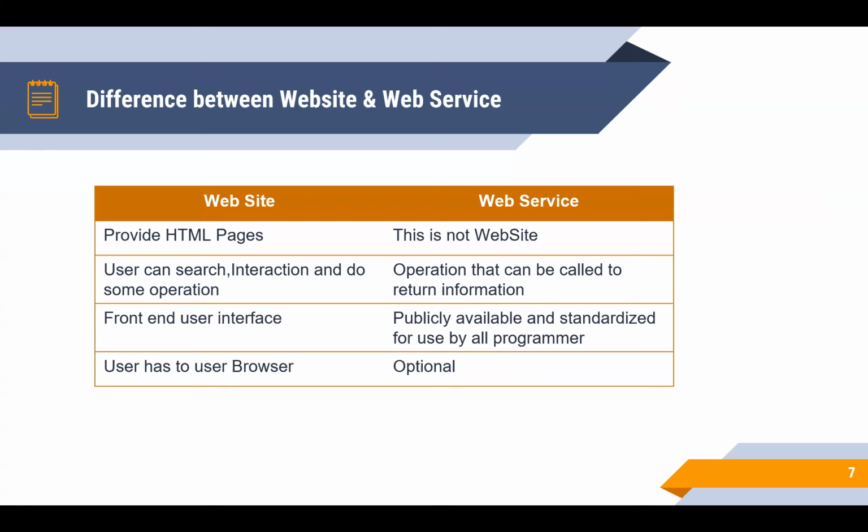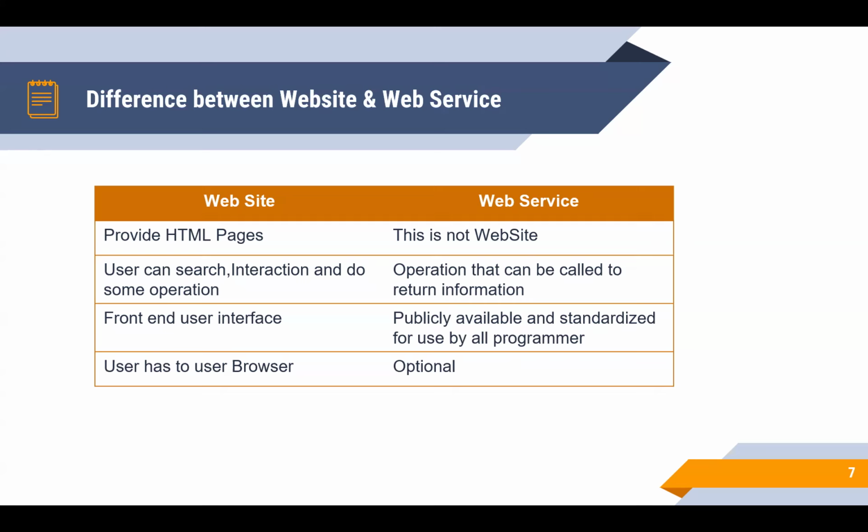At the same time, when we are talking about the web service or GIS web service, in both cases, it is not a website where you hit and it gives you some colorful page.